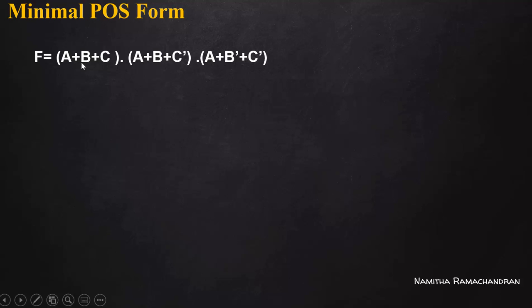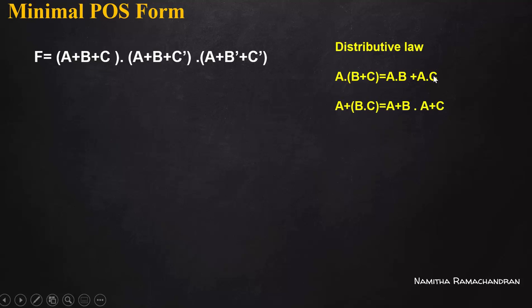Here this a plus b is common. So by following this distributive law, we can take the common term outside, that is a plus b together outside, plus c and c complement based on these. These two terms are of the form a plus b dot a plus c.